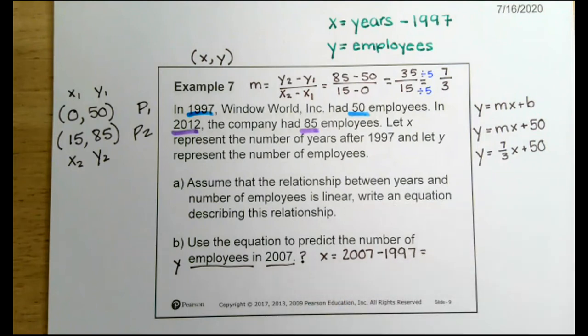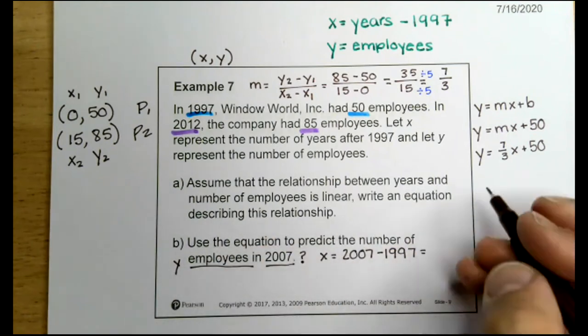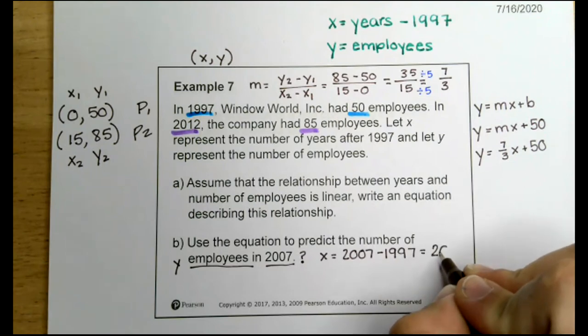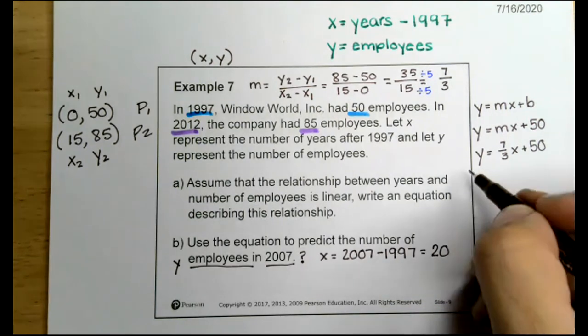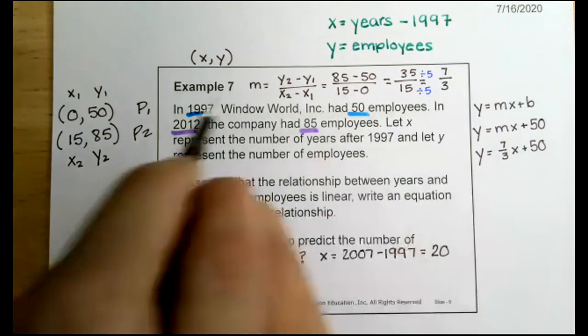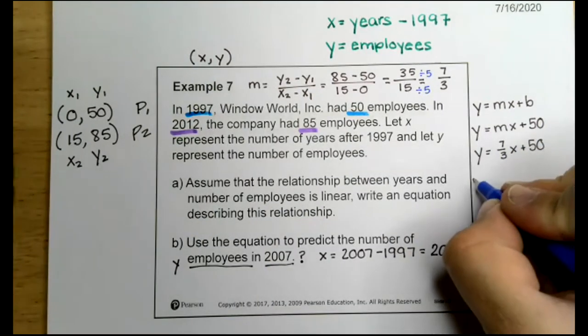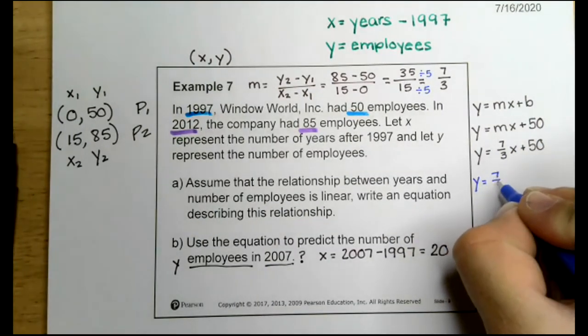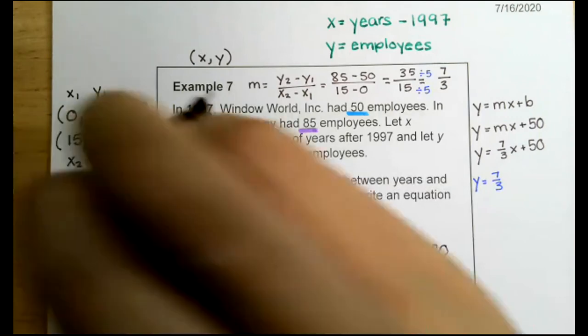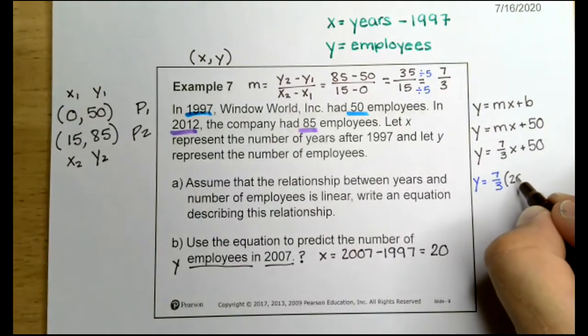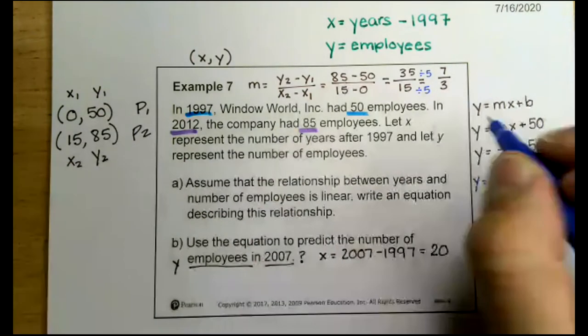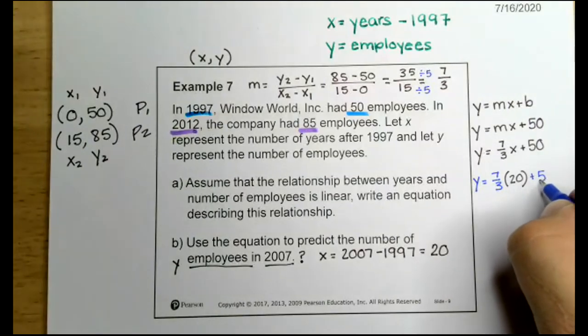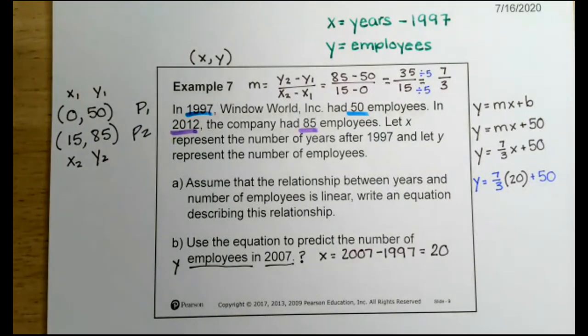X is the only one we can find, and Y is the one we need to solve for. So 2007 minus 1997 is 20 years. And I put that into my equation. Y equals 7/3 times 20 plus 50 employees.